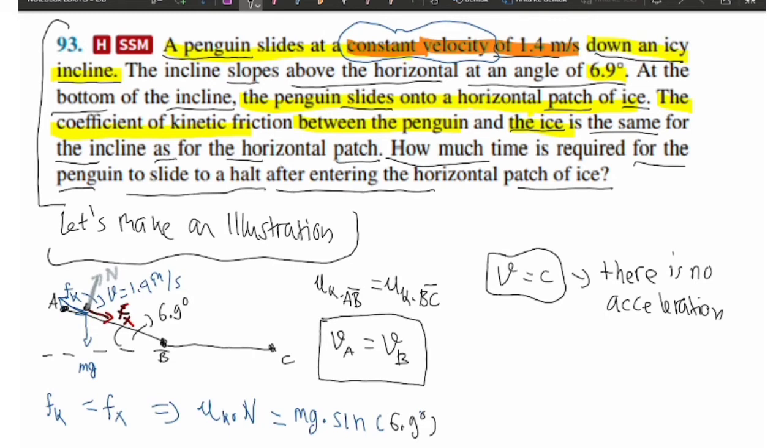Dividing both sides by mu k, we get the normal force equal to mg times sine of 6.9 degrees divided by mu k.